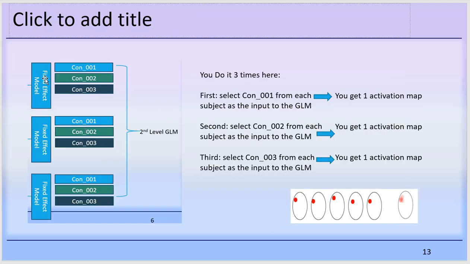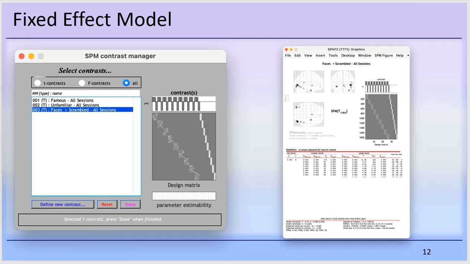And after running this fixed effect model for each subject, based on the t-tests you define, here we have only 3, so we have these 3 outputs.